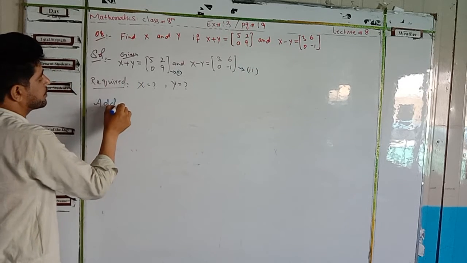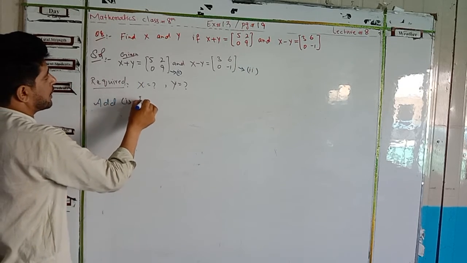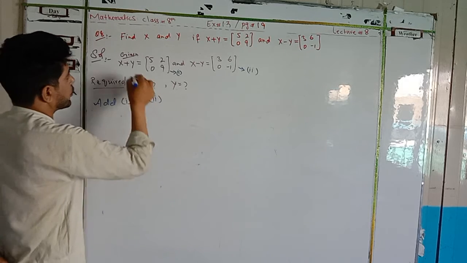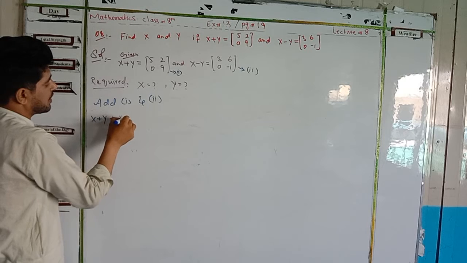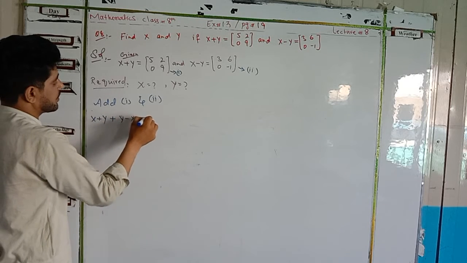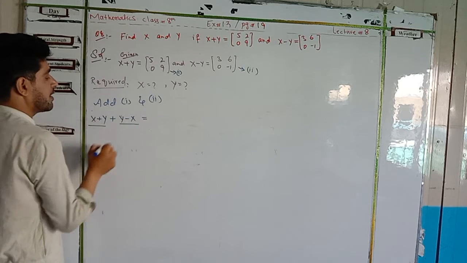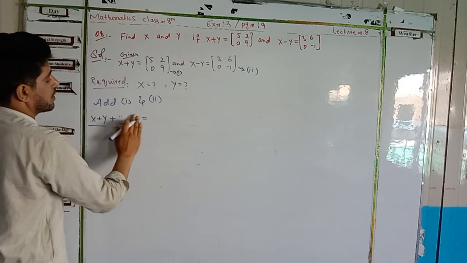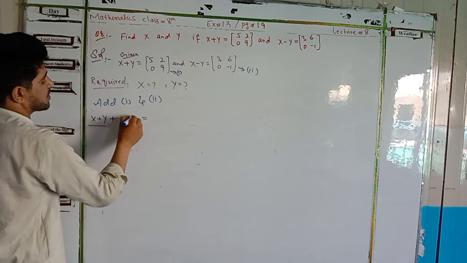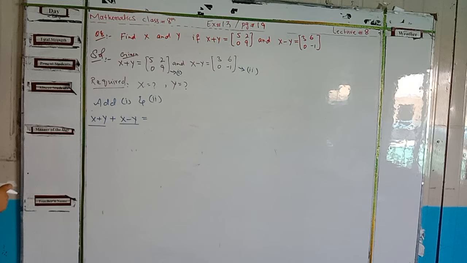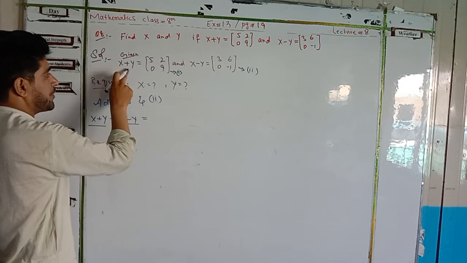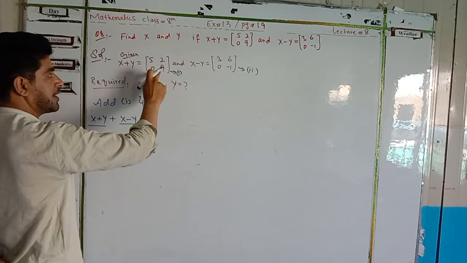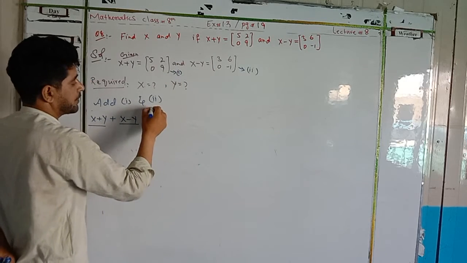Add 1 and 2: x plus y, x minus y. Add 1 and 2. So left side adds to left and right adds to right.